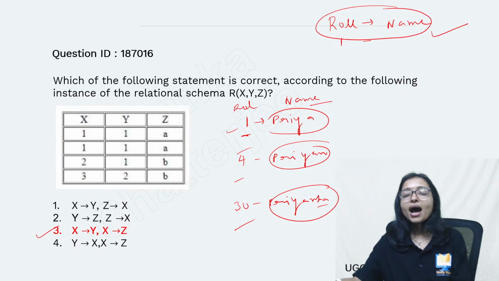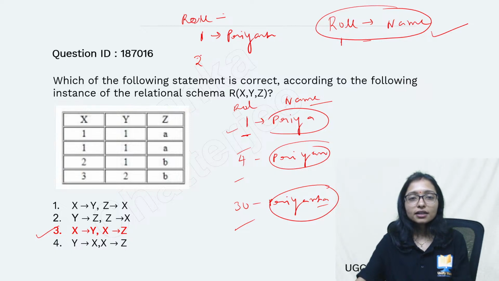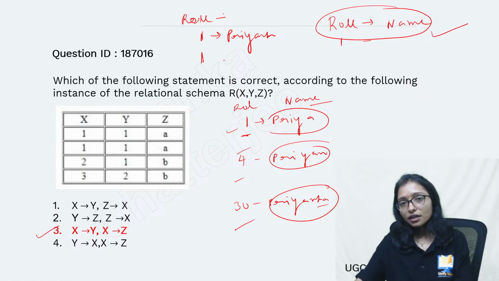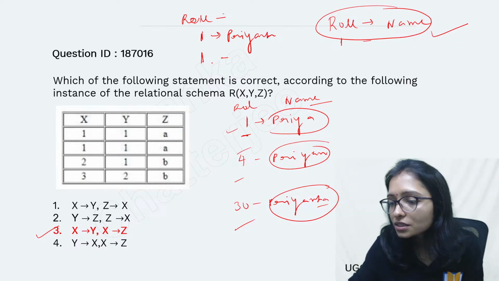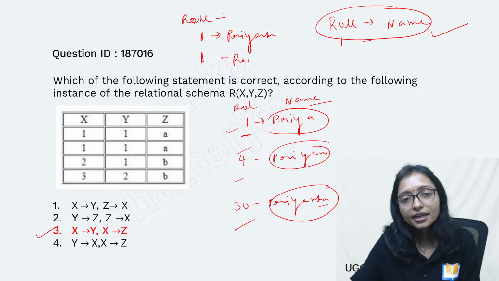Yes. But if I am telling that roll number 1 name is Priyanka, and again another one, in this table only I am trying to insert roll number 1 with name Rumpy.